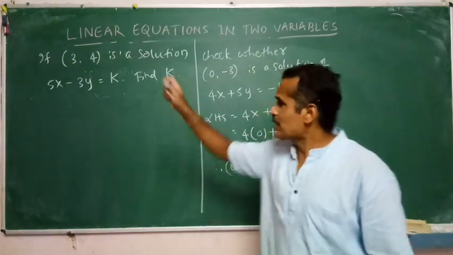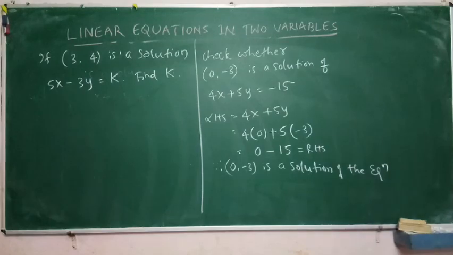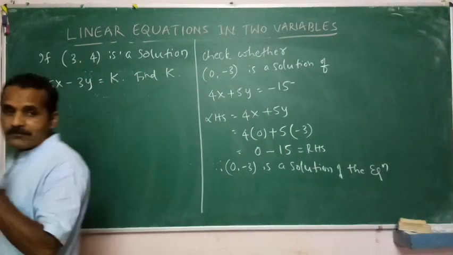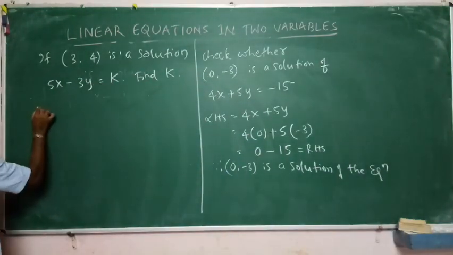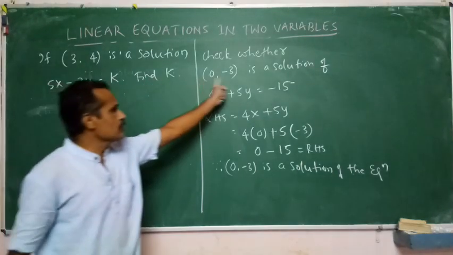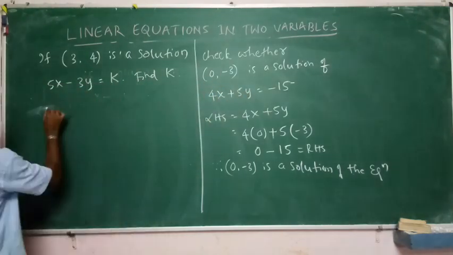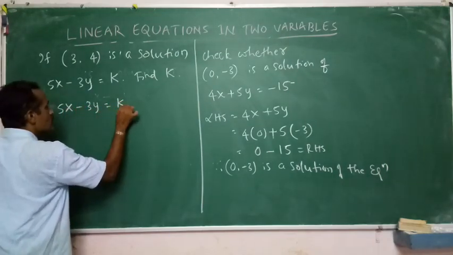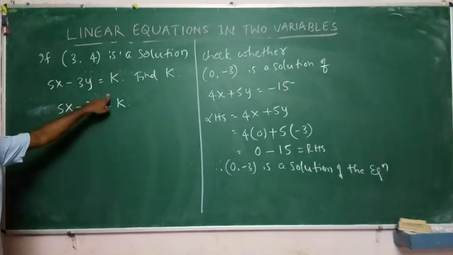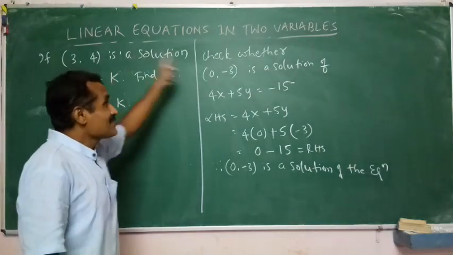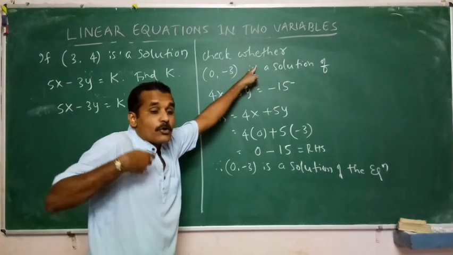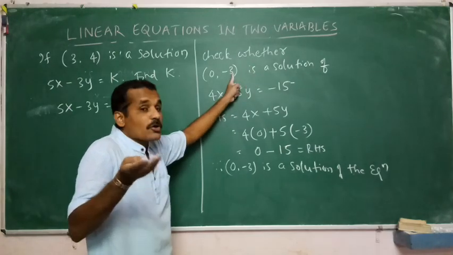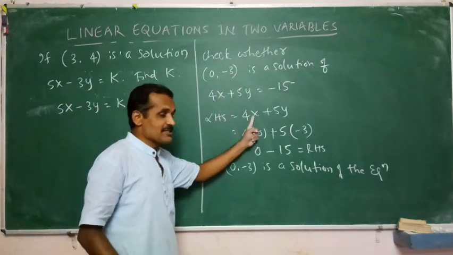Pause the video. Try this. Okay. Let me start. I don't need to start with LHS because we are not going to check it. Let me start. Equation 5x minus 3y is equal to k. My dear children, see the difference. This is checking. We are not very sure whether it is a solution or not. So I have to start with LHS.